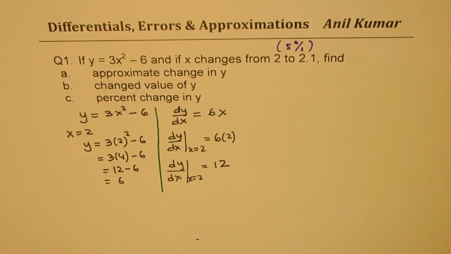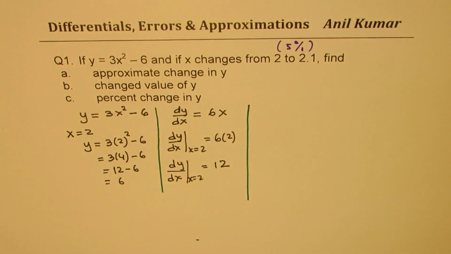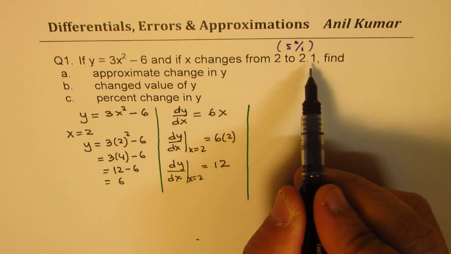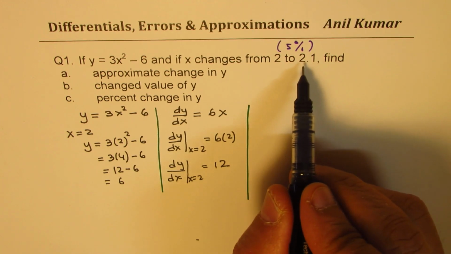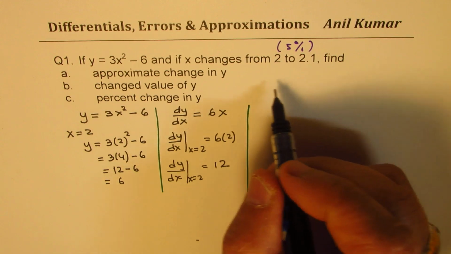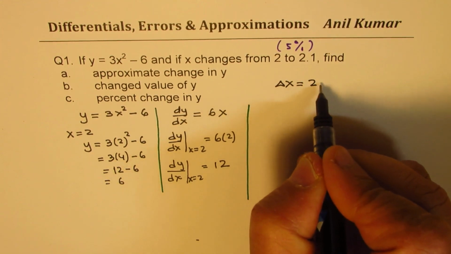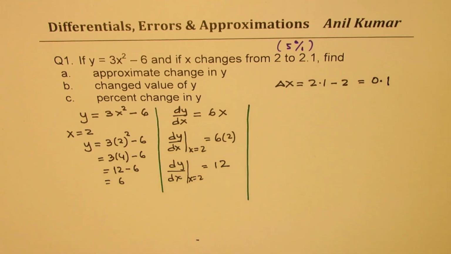So from here, what do you get? When you are making a change, that is delta x is changing from 2 to 2.1. So what is delta x? Delta x in this case is 0.1, right? So the change delta x is basically equal to 2.1 minus 2, which is 0.1. So that is the change, right?